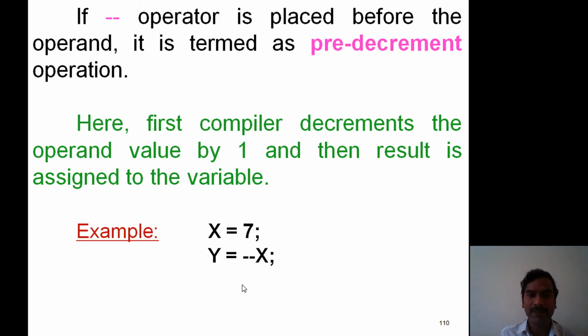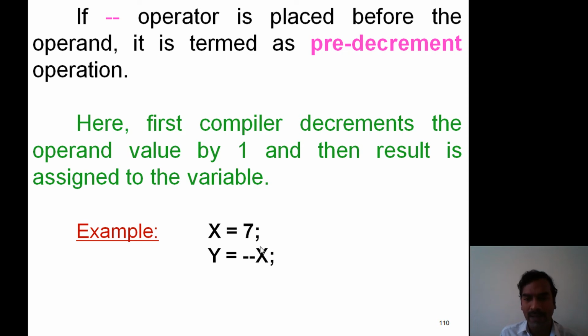Observe this example. Now x = 7. Now expression y = --x. Now observe, minus minus is placed before the operand x. Hence the type of the operation is referred to as pre-decrement operation. Now initially x holds the value 7. In pre-decrement, first the operand value is decremented by 1.